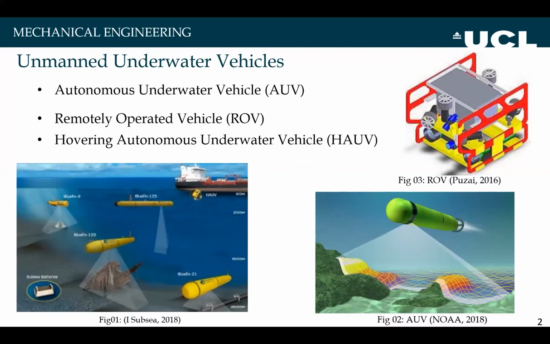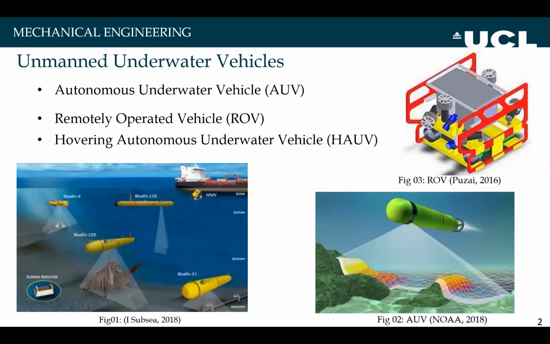That is, they can move in any direction with precision without turning. So if they have to go in the X, Y, or Z direction, they do not need to turn. They are over actuated, with more thrusters than the degrees of freedom, and this is very beneficial for precise operations.